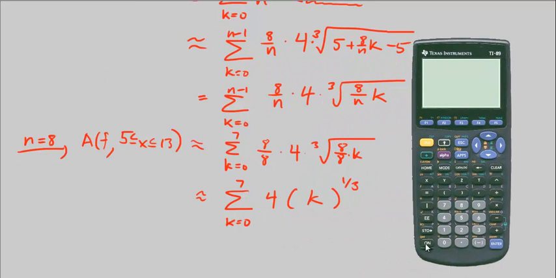Go ahead and turn it on. We want to go to our catalog and get the sum function, using sigma. The expression is 4 times k. Where is k? K is alpha above EE. So 4k to the power of 1/3.